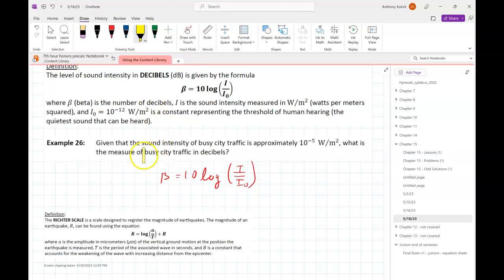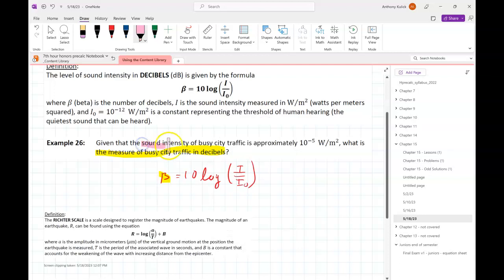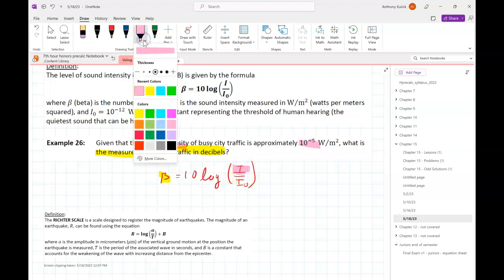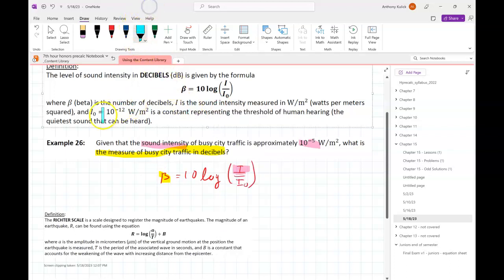It asks for the measure in decibels, so I know that we're going to be solving for beta. We're told the sound intensity is about that, so that's my I. And then what's our I naught going to be? Remember, I naught's a constant. So we'll just plug that all in.